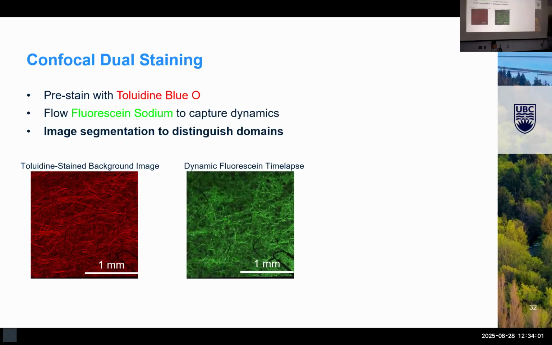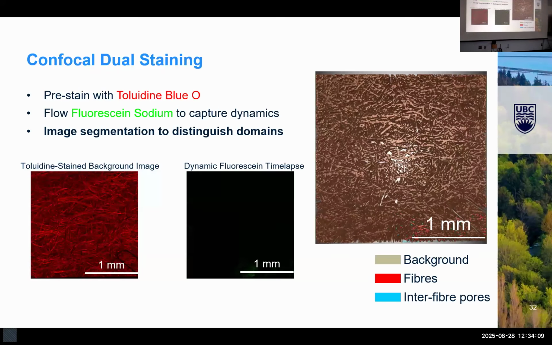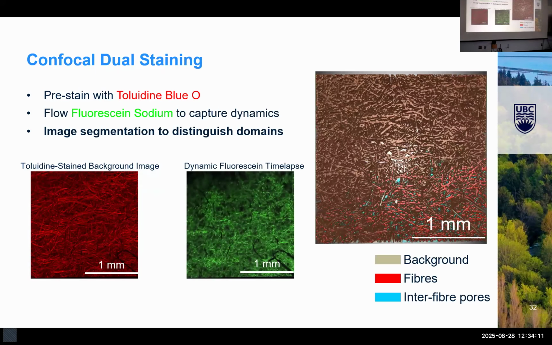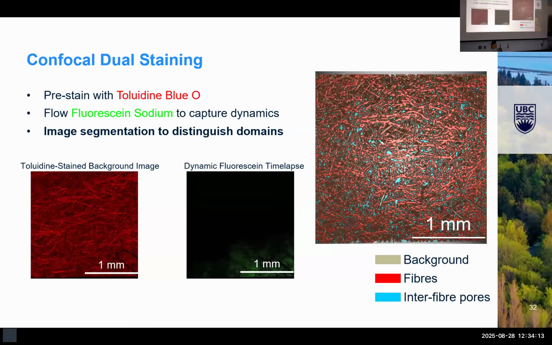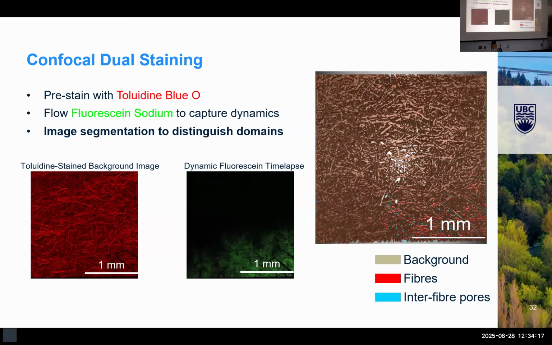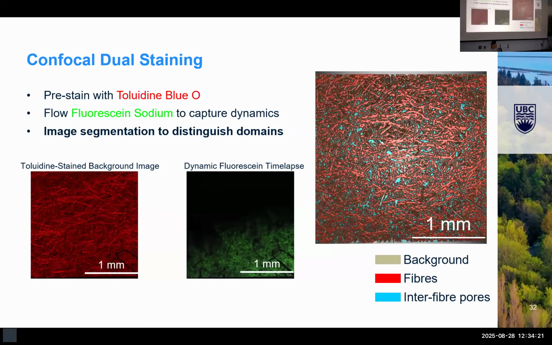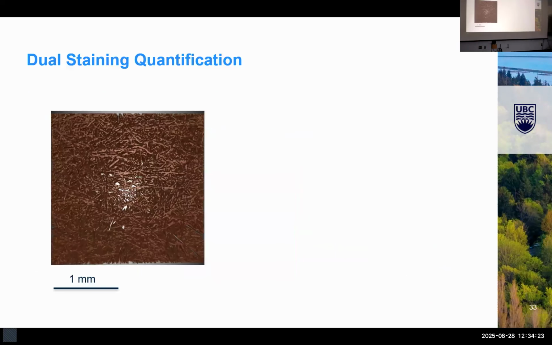With this image segmentation, we can take this dynamically flowing dye and determine which domain it resides in. So we can make videos like this, where the dye we've identified as being in the fibers is digitally colored red, and the interfiber pore dye is blue. This allows us to analyze the dynamics of these two domains separately.